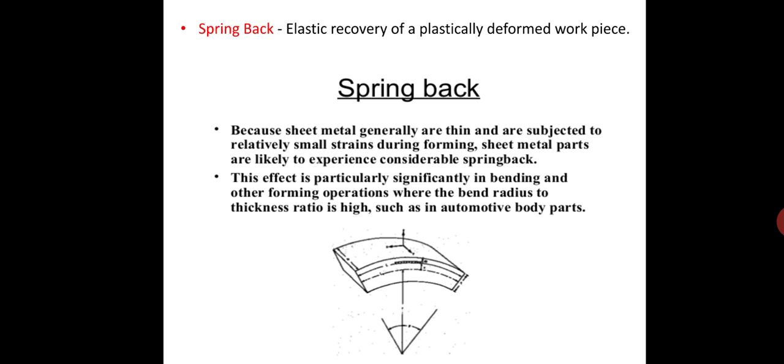The next characteristic is the spring back effect. Spring back is the elastic recovery of a plastically deformed workpiece. It occurs because sheet metals are generally thin and are subjected to relatively small strains during forming. Sheet metal parts are likely to experience considerable spring back. The spring back effect is particularly significant in bending and other forming operations.